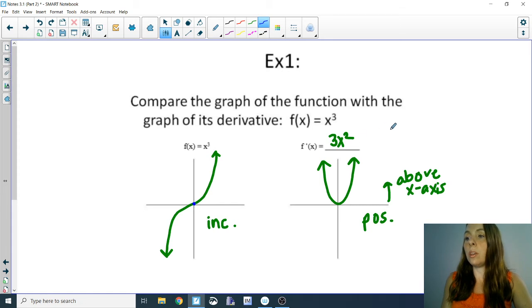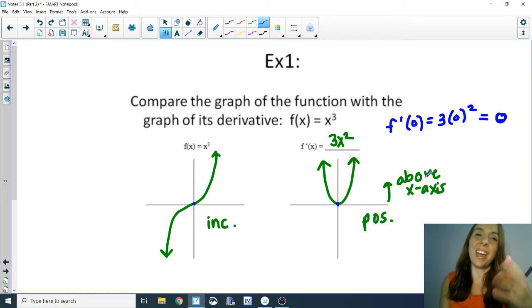You know, when you look at f prime of 0, notice that you get a derivative value of 0. Right? You can see here on the graph, the graph crosses the x-axis, or it touches the x-axis at x equals 0.